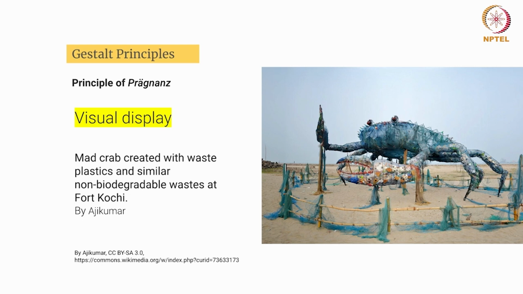Once it has identified the anatomy of the crab, it automatically goes to the details, like how it has been made, what elements and raw materials have been used, and that makes the overall composition more engaging.